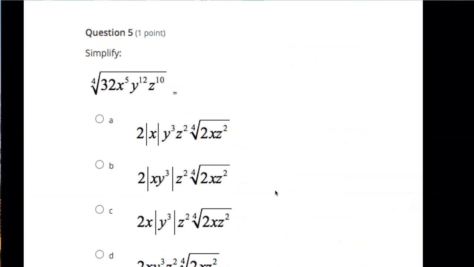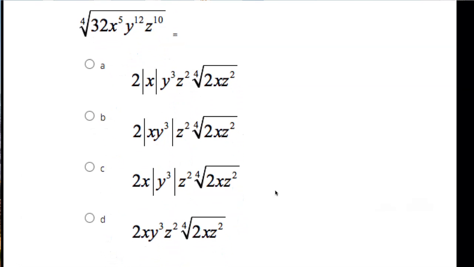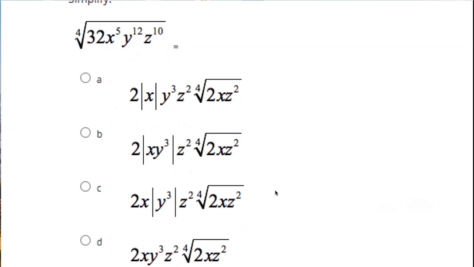Let's look at the next page, question number 5. It says to simplify this, and we have 4 options here. So let's see, how do these options compare? It looks like all of the numbers and variables are exactly the same. All the exponents are exactly the same. The only difference is the absolute value. So on this one, let's just think of our even, even, odd. Do we have an even index?